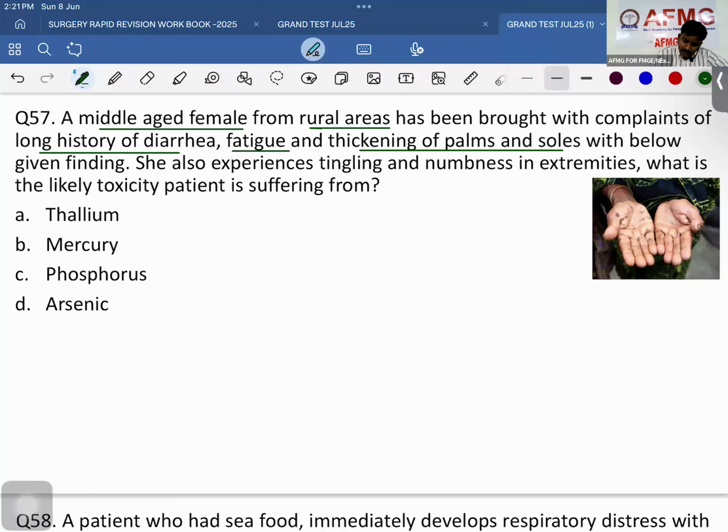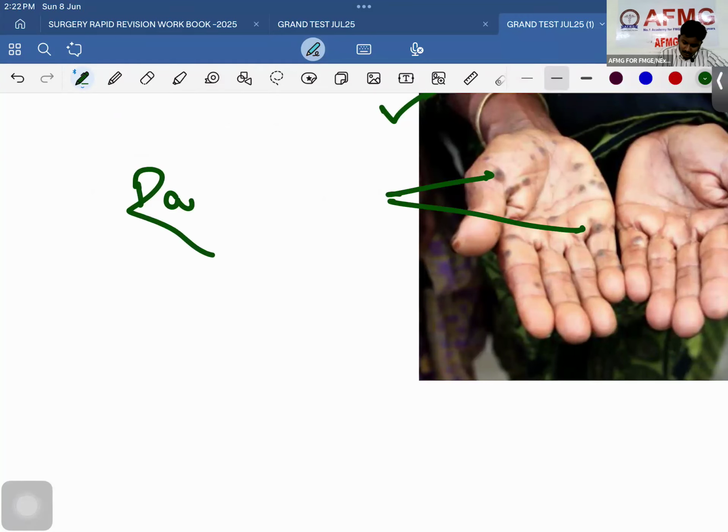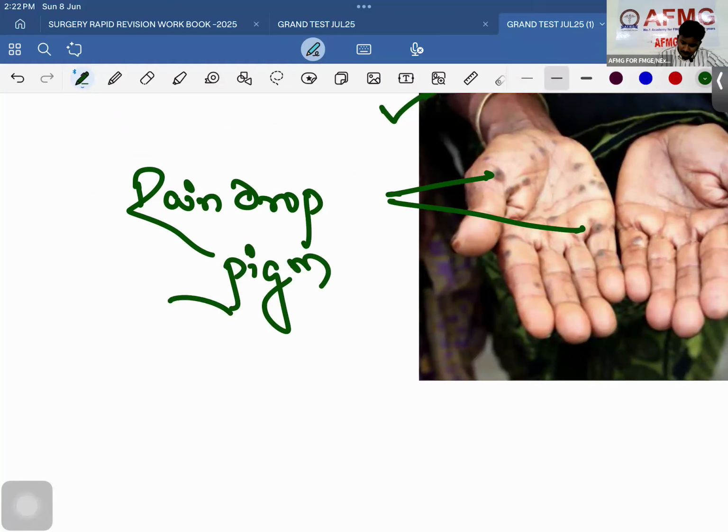With the below given finding, you are able to see there will be hyperpigmentation on the palms of the patient, and this hyperpigmentation is classically known as raindrop pigmentation, which will be seen.